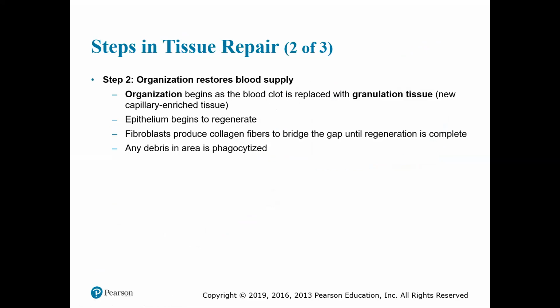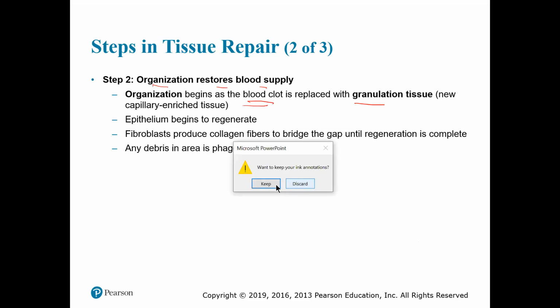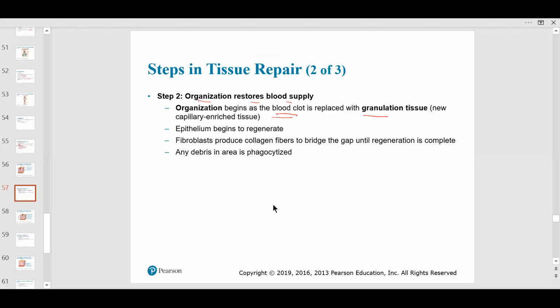Step 2, organization restores the blood supply. So, of course, blood clotting, platelets have a lot to do with that. New tissue comes in. Now, remember, again, the slideshow is not as good as I thought it would be. The blood vessels in this area, like capillaries, are mostly endothelium, so they're able to regenerate.